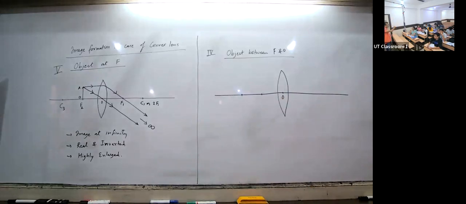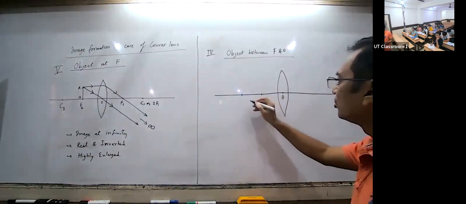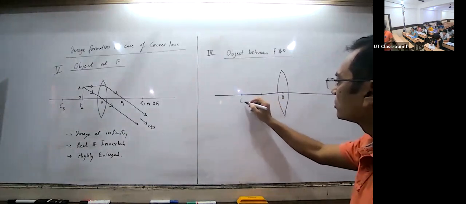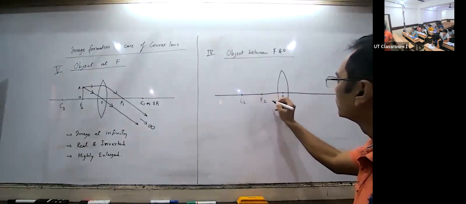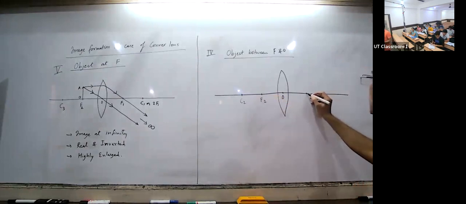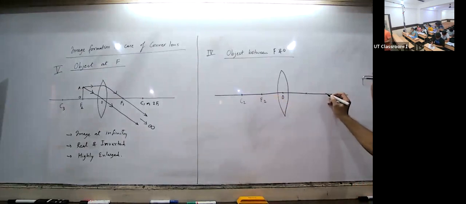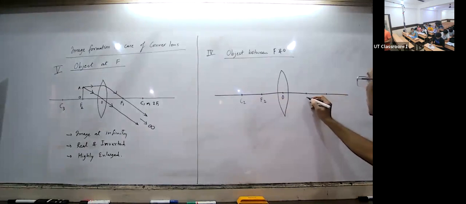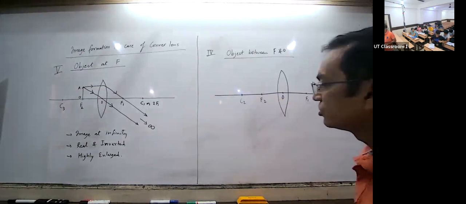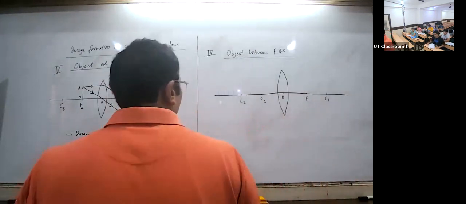In all the image positions where we have written just F, make it F1. Okay. So that will actually remove any scope of confusion. So this is C2, F2. And this will be F1, C1. चलो. कैसे बनेगा इसका diagram?